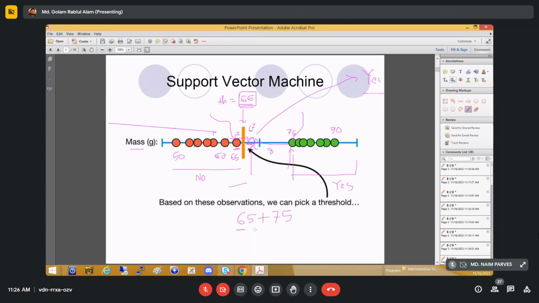So if we divide this by 2, that means if we find the average, then we can see that the average is just 70.